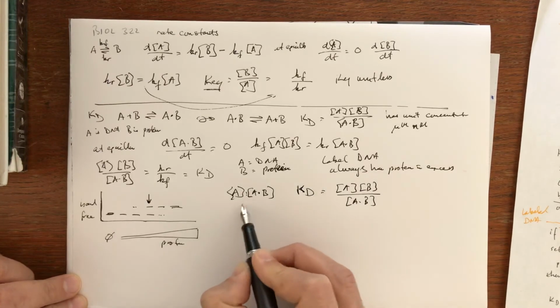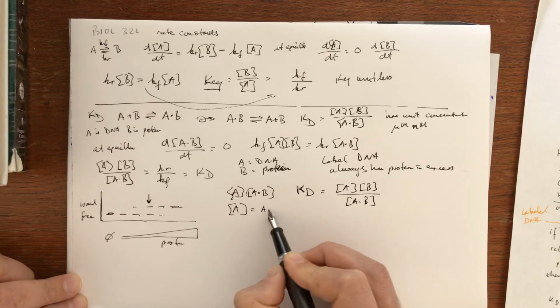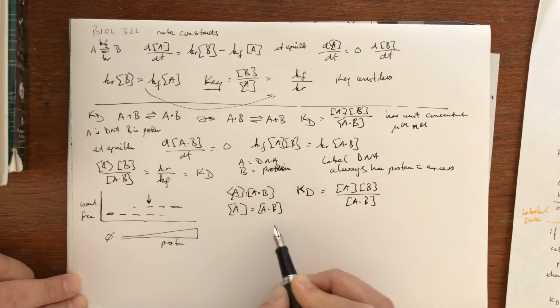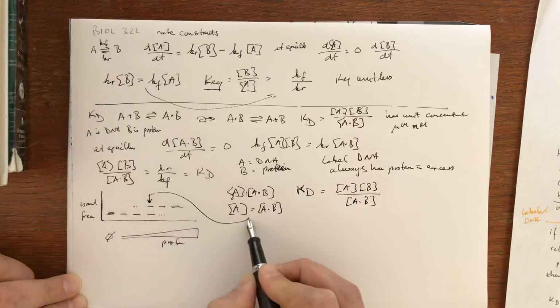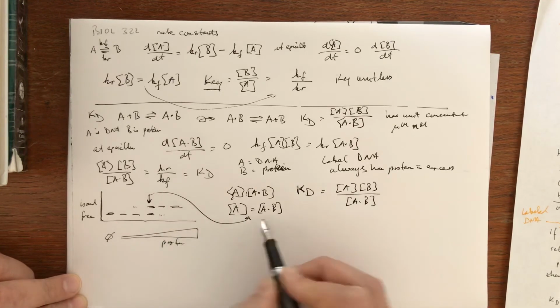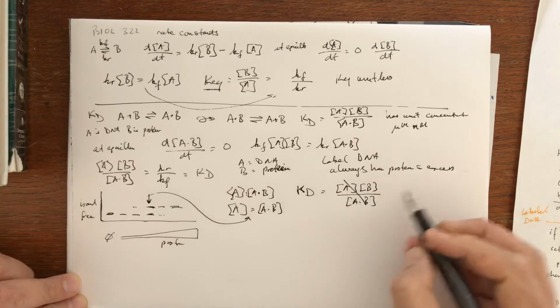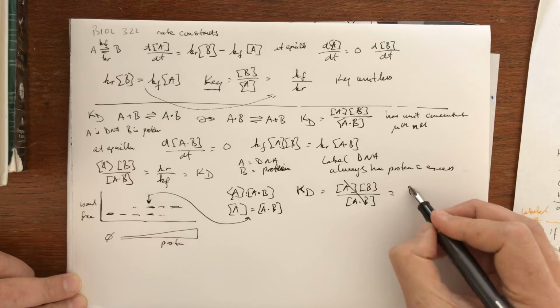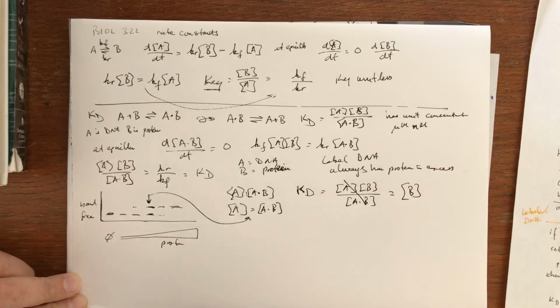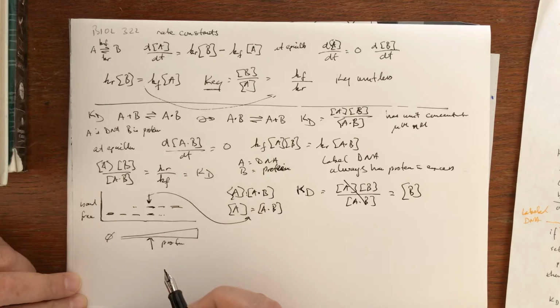At the point where the concentration of A is equal to the concentration of the product, where the bands are equal, these two terms are equal to each other, and Kd is equal to the concentration of B. That's really convenient for us.